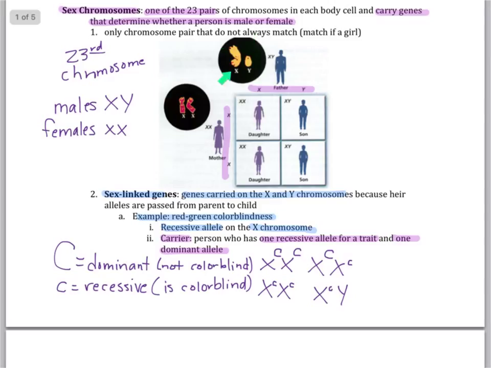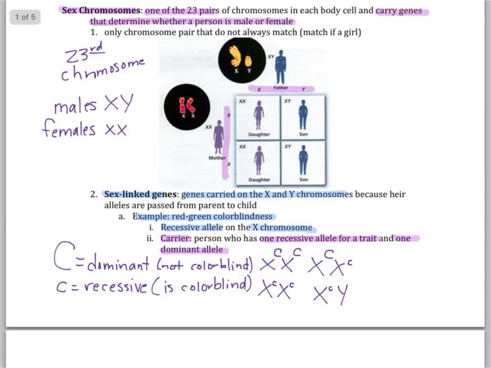So this image here shows you what the sex chromosomes look like. X looks like this, Y looks like that, and you can see here X and X for female. So a male is going to be XY, and a female is going to be XX. It is the 23rd chromosome of your 23 pairs.